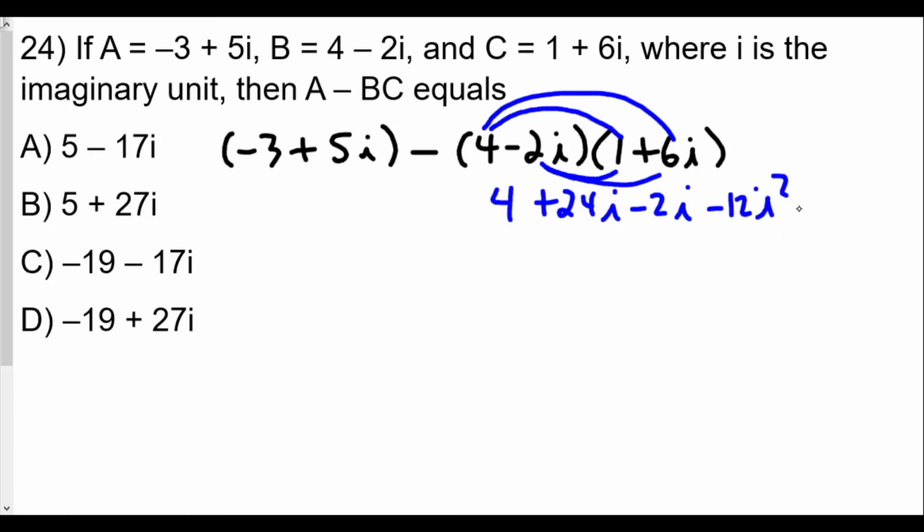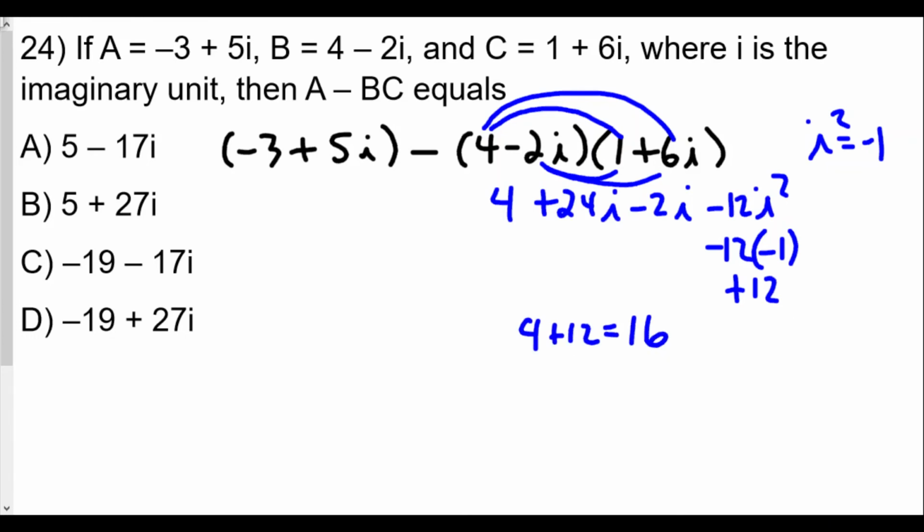Well, i squared, if you guys remember, is equal to negative 1. So we're going to replace this i squared with negative 1, and negative 1 times negative 12 gives me a positive 12. Add that with the 4. 4 plus 12 is equal to 16. And then the 24i minus 2i is plus 22i. Fantastic.